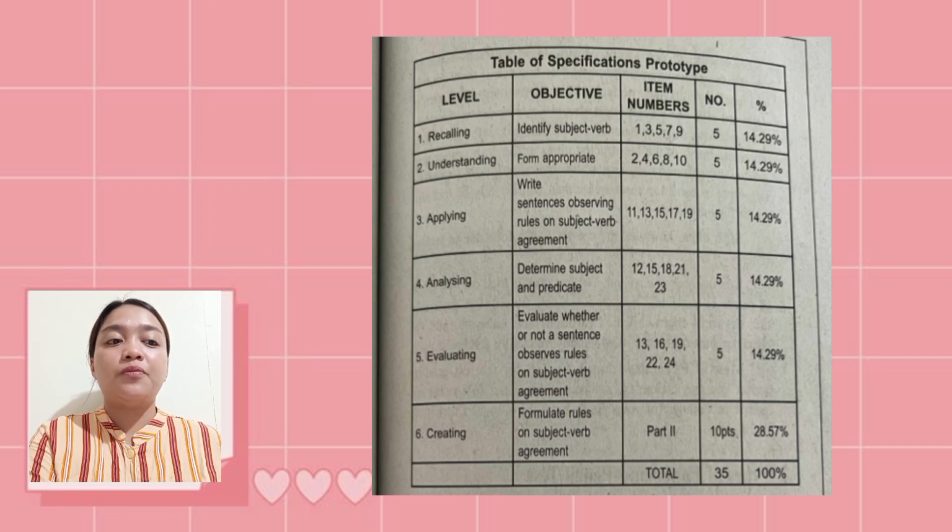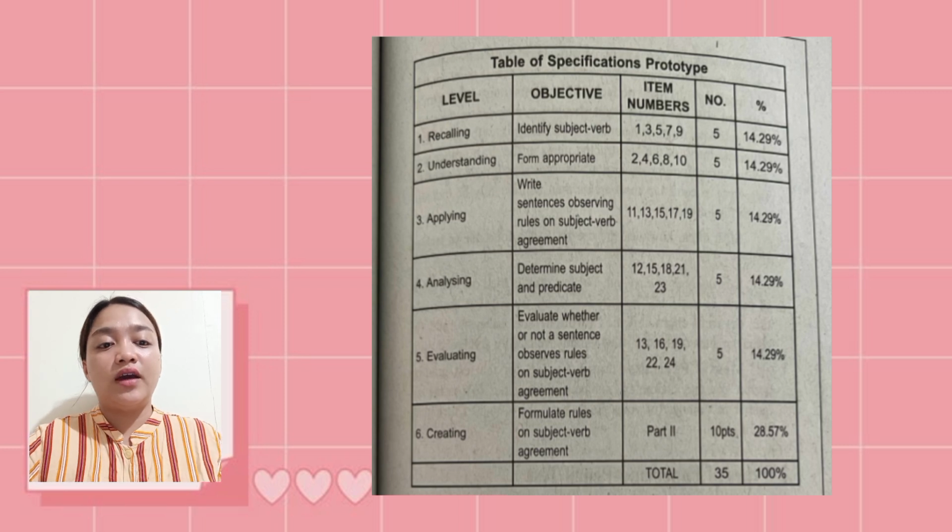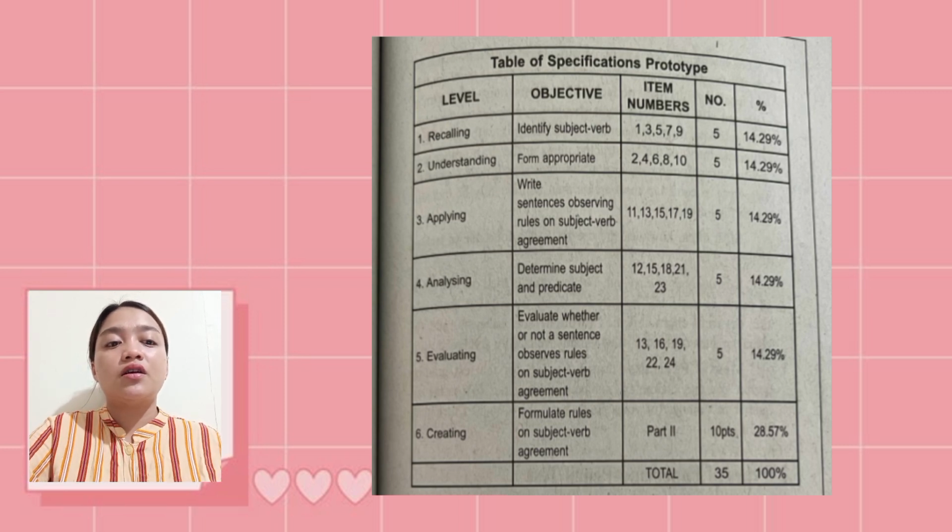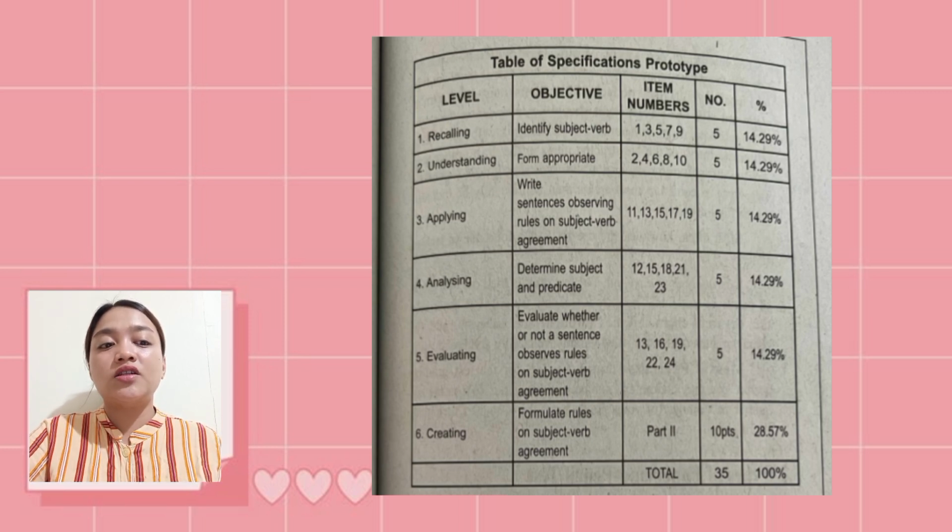So, 14.29% again. So, level 5, which is the evaluating, evaluate whether or not a sentence observes rules on subject-verb agreement. So, number 13, 16, 19, 22, and 24. So, 5 items again, which is 14.29%.